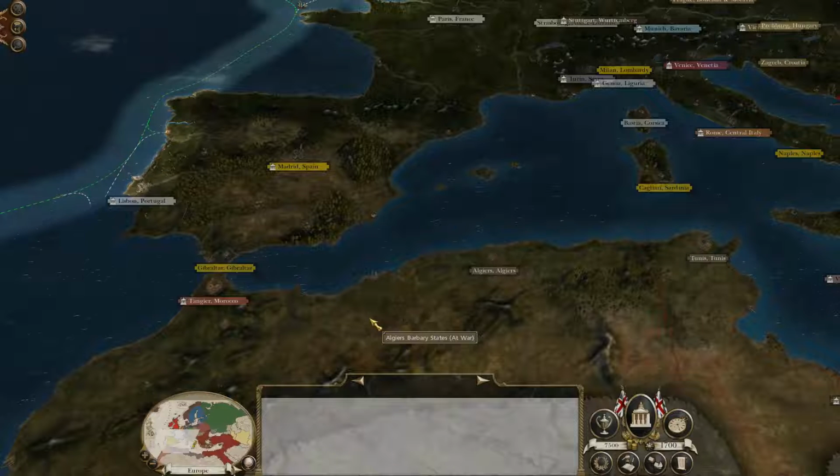You control a certain point on the map so that you can crush them much more easily than if they were allowed to expand without any controls applied to them. And so this is where we're going to look.